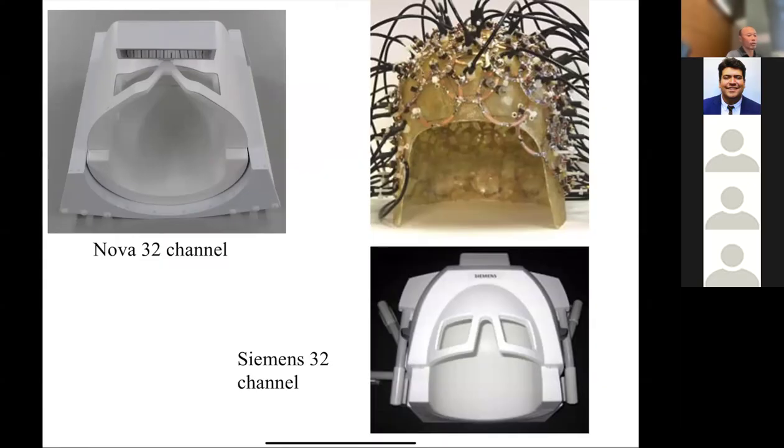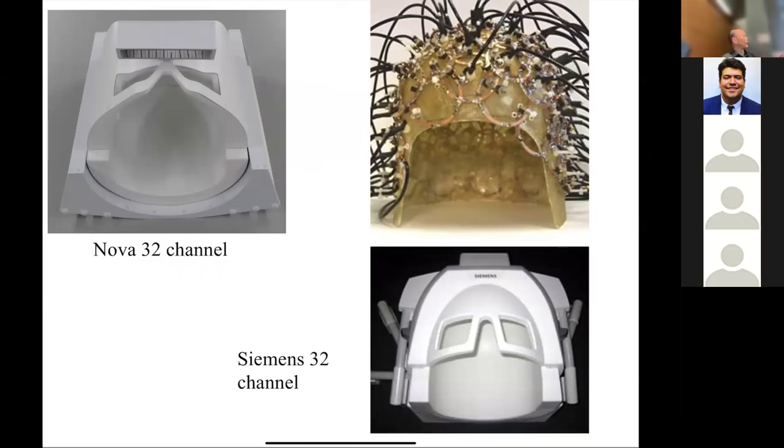What you're seeing on the top here is a coil that was built by some grad students at Mass General Hospital, at MIT, at Harvard. This was the prototype coil, and you can see it's got little loops of coils here. Each one of those loops is a little surface coil. This has 32 of those coils arranged in a soccer ball fashion.